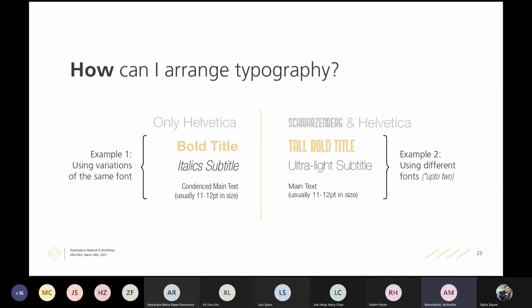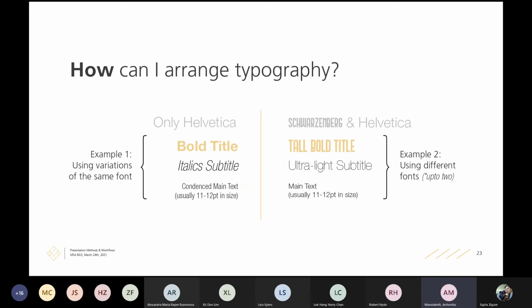Typography. There are ways to match different types of typography. So you can go with a bold title that draws attention to it, and then italics as a subtitle and a condensed main text that shows their hierarchy of what the person should be focusing on. And there are different ways of doing that.